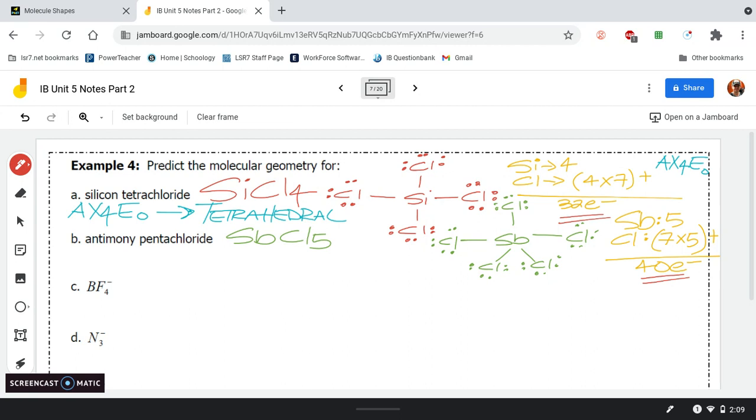So let's see what we've got here. I'm going to use a blue. So 2, 4, 6, 8, 10, 12, 14, 16, 18, 20, 22, 24, 26, 28, 30, 32, 34, 36, 38, and 40.